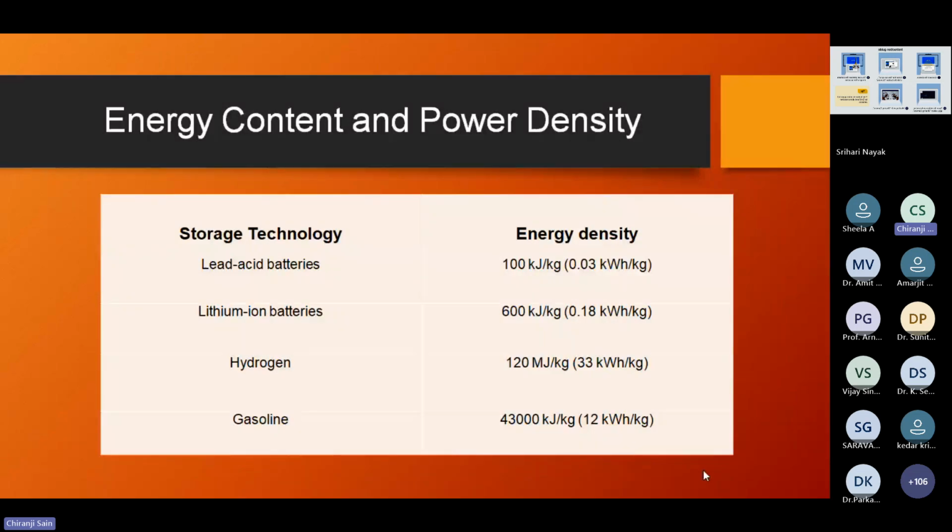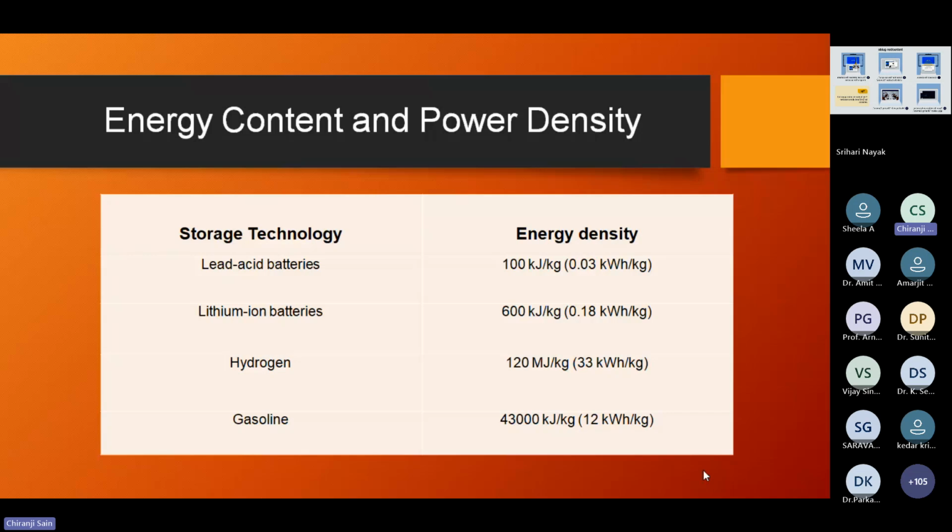It is solely based on that condition, and definitely the weight and volume of the energy storage component is very important, that is, how much energy is stored for a particular weight of the battery or energy storage component.